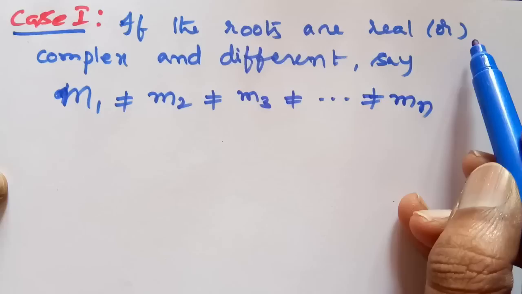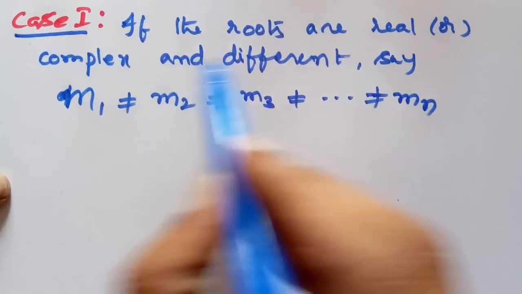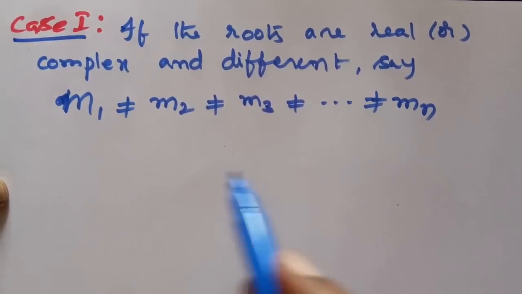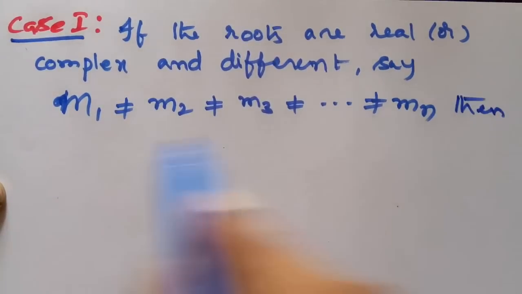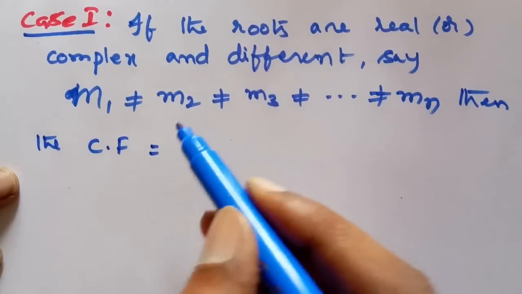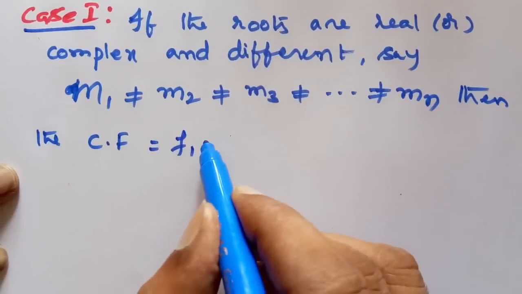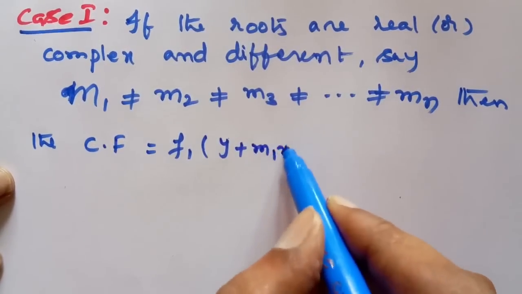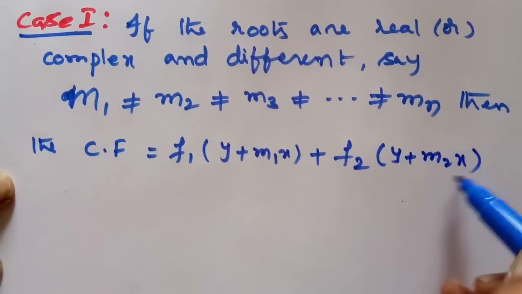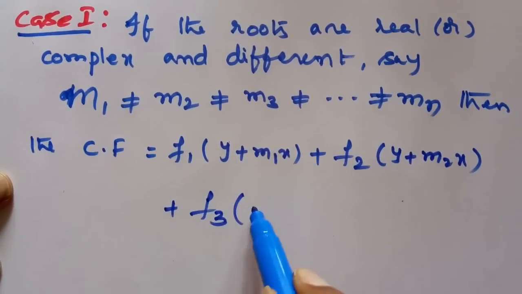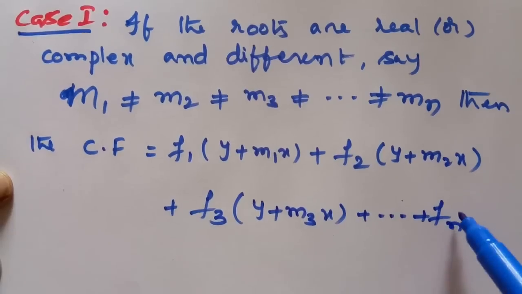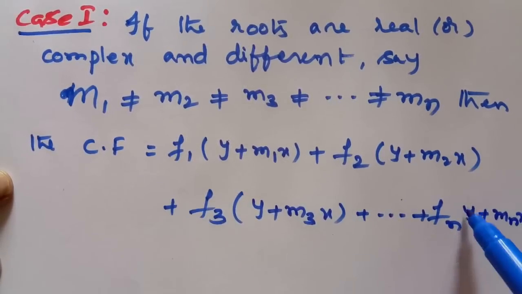So if all the roots are real or complex, no problem, any kind, as long as they are different, then the complementary function CF is equal to f1 of y plus m1x plus f2 of y plus m2x plus f3 of y plus m3x plus, and so on, fn of y plus mnx.